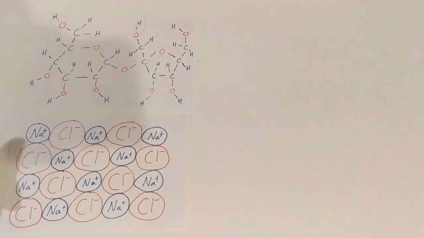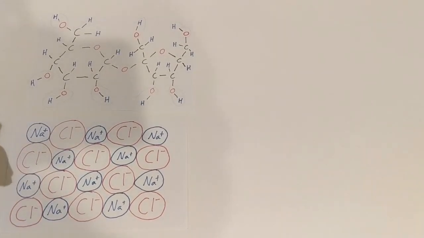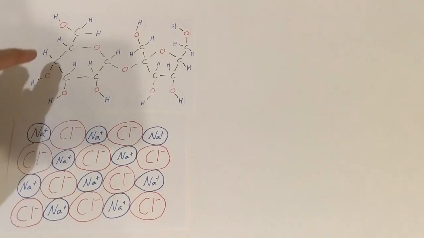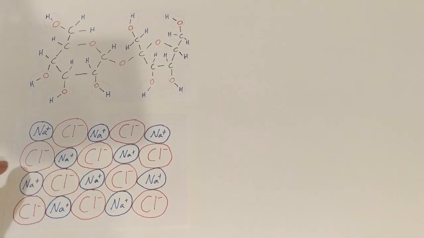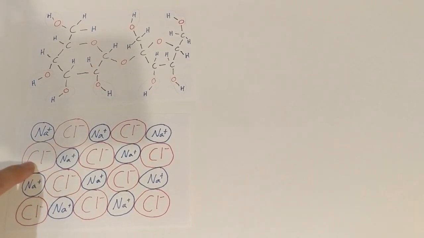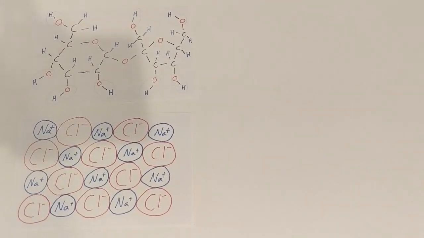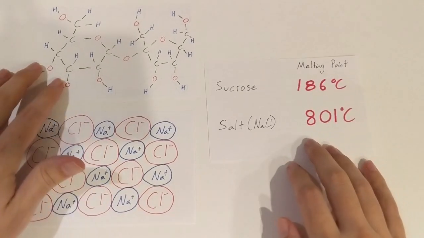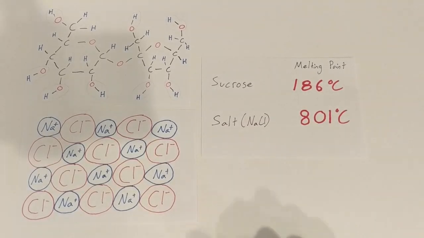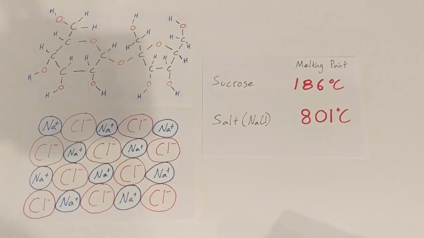All right, so after watching sucrose melt on the stove and the attempt of melting salt on the stove, I want to show you guys what the actual melting points are. So for sucrose, it melts at about 186 degrees Celsius, which is pretty high.